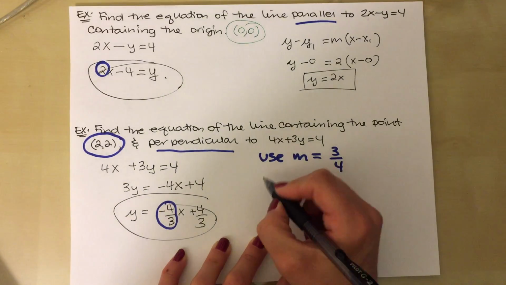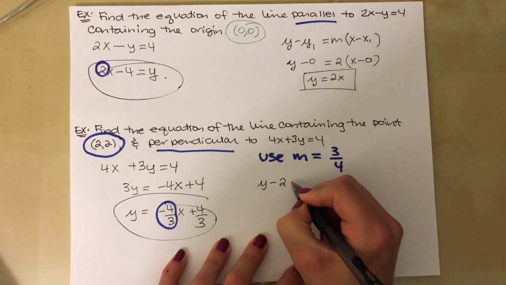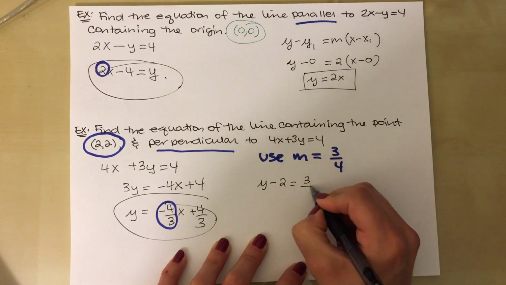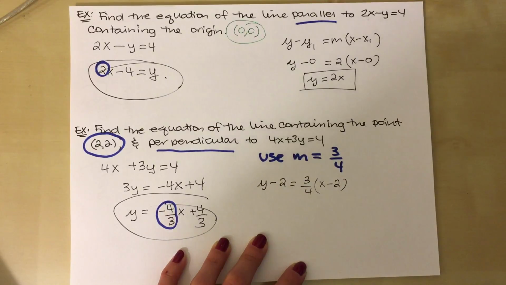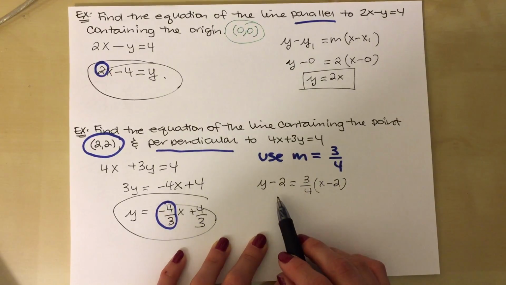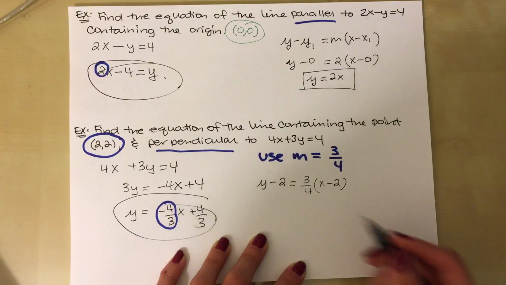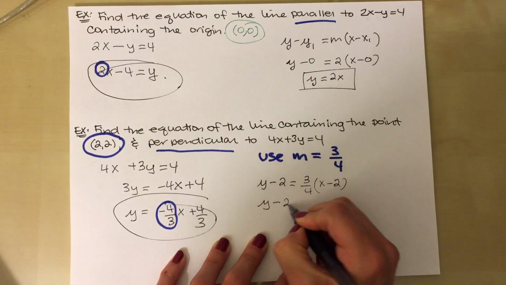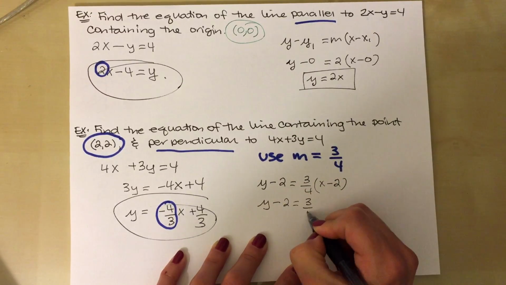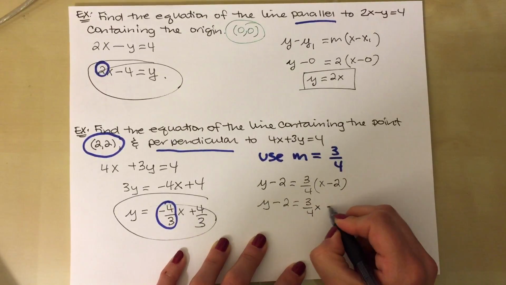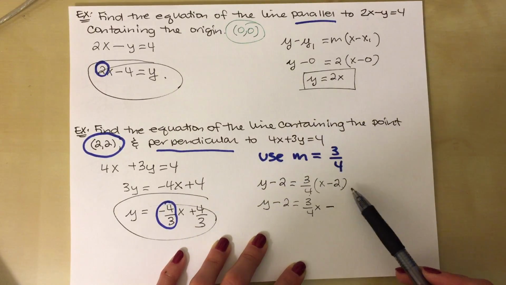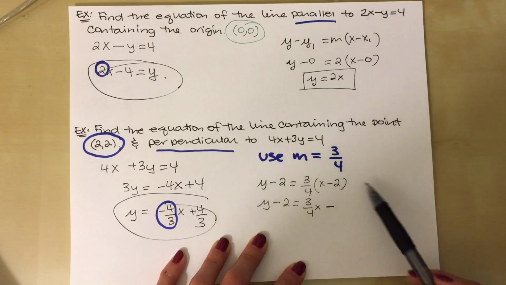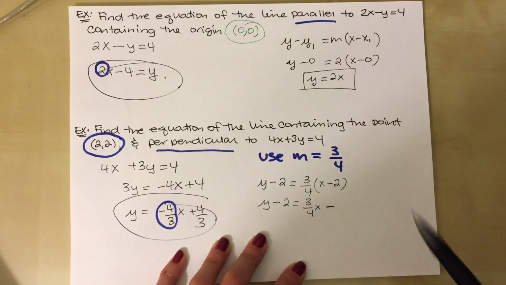So we're going to write y minus 2 equals 3 over 4 times (x minus 2). And then we just want to distribute, add 2, simplify, and you have your answer. Okay, 3 over 4 times 2, we could reduce 4 and 2. That just reduces to 1 over 2.